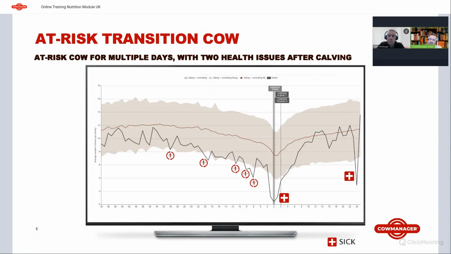From that point of view, it's of course very important to have a good follow-up of a treatment, in this case of a hypocalcemic cow, which was successful.